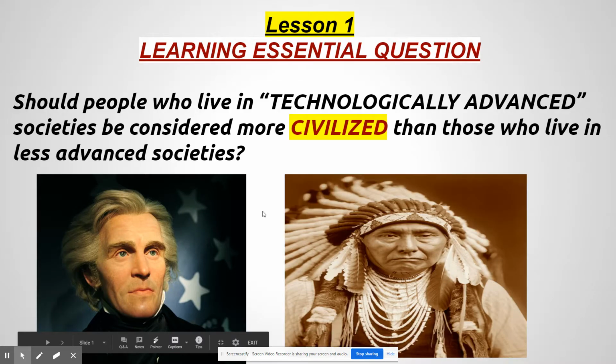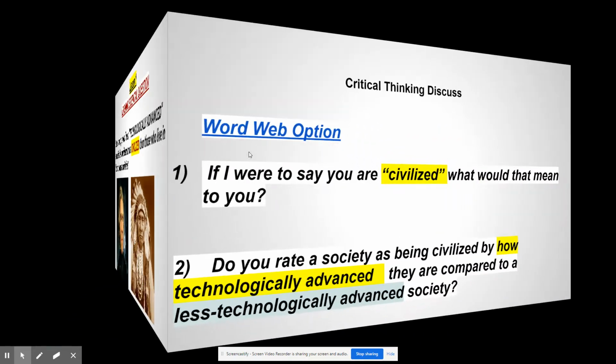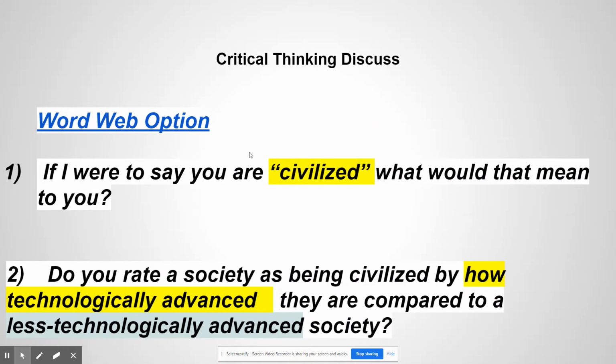The lesson essential question relating to this activity is, should people who live in technologically advanced societies be considered more civilized than those who live in less advanced societies? Now, as we do this lesson, we're going to really focus on that word civilized, because a lot of people think they know what it means and have a definition or term related to it.